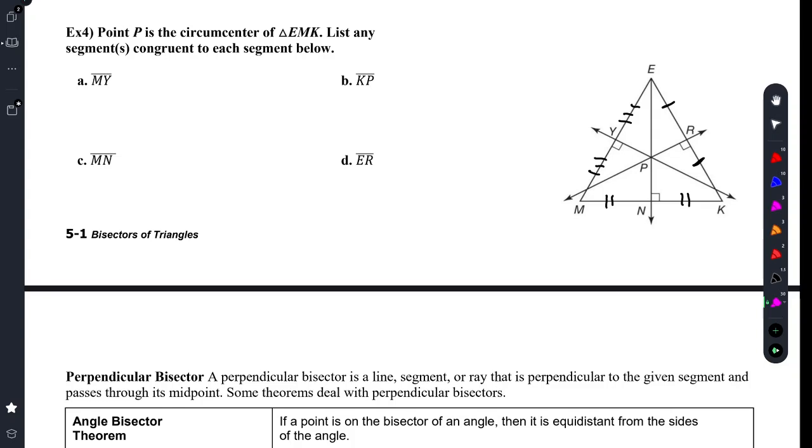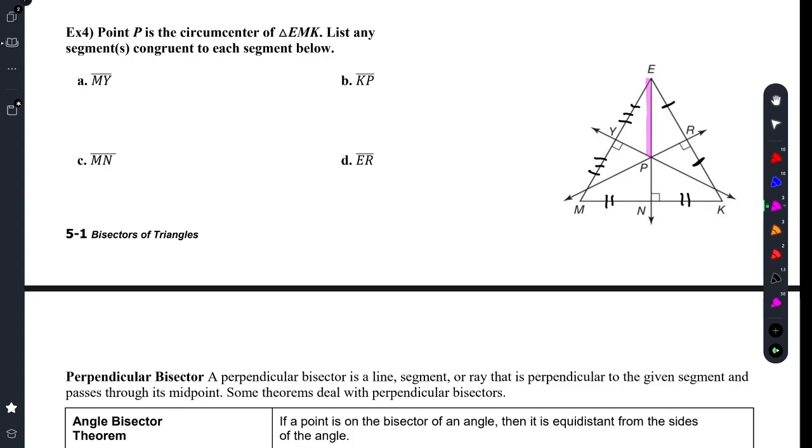Okay, what is PE going to be equal to? So let me do it again. This one right here, what is this going to be equal to? It's not drawn there. What is that point?